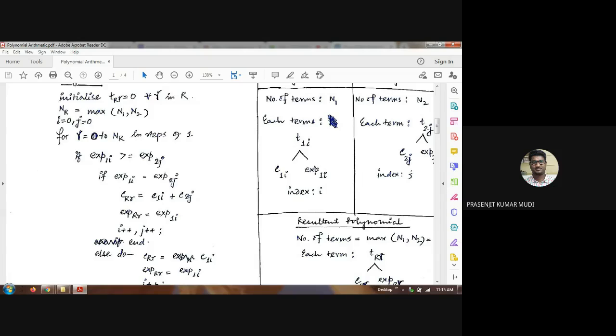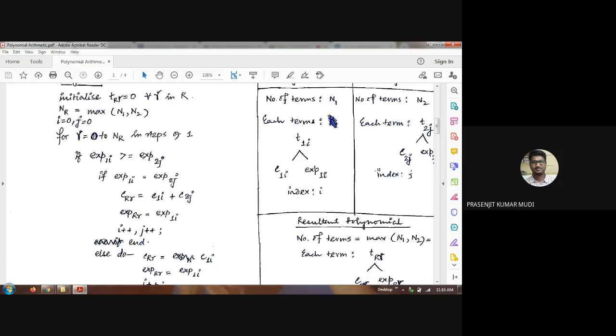One caution: in programming, if you already have a built-in function exp in the math.h header library, use some other variable name. This is just for your understanding. So c1i and exp1i, where we use i as the index variable. Similarly, in polynomial 2, T2J will have two components, C2J and exp2J, where J is the index variable.